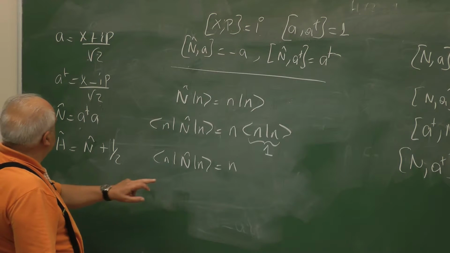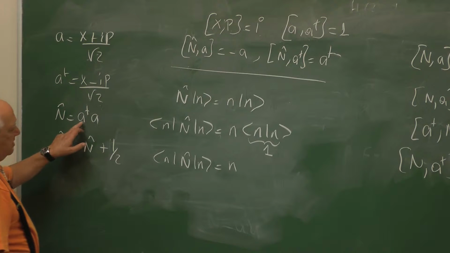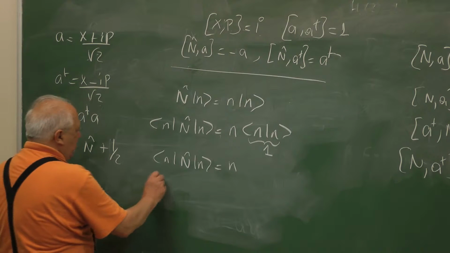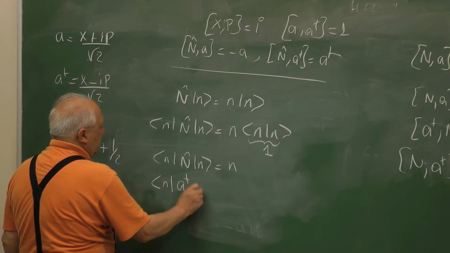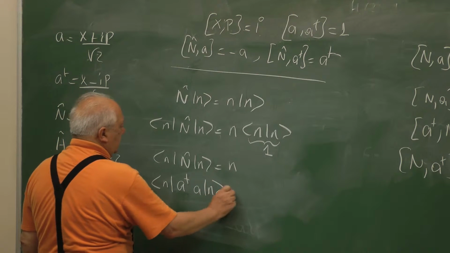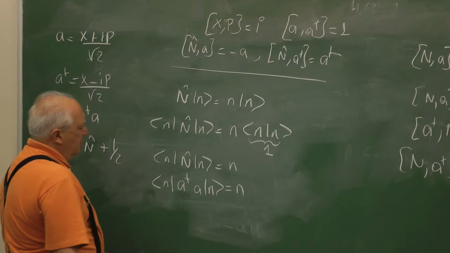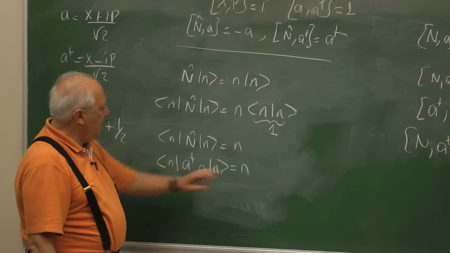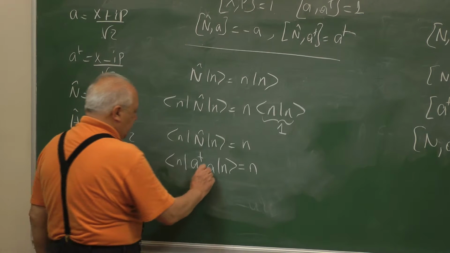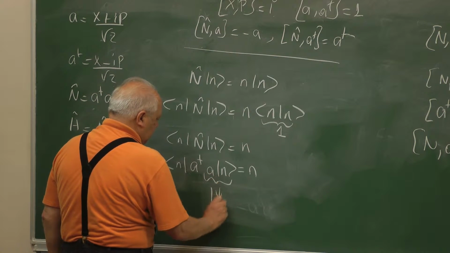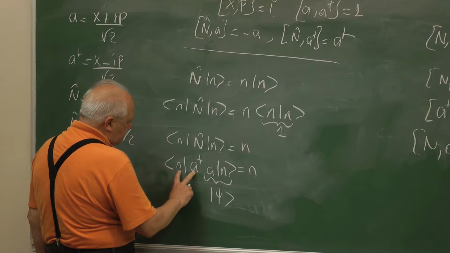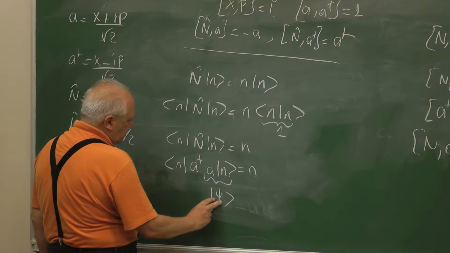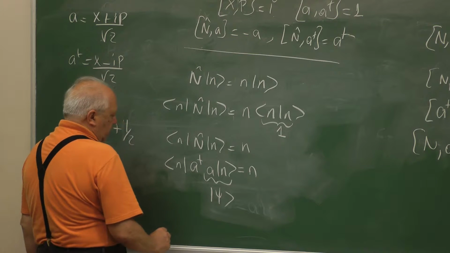But n has a particular form. It is a† a. So it is ⟨n|a† a|n⟩ that's equal to n. This is telling us something important about n, because this is a vector like psi, and this is a vector not necessarily normalized, and this is a vector which is the conjugate of this.